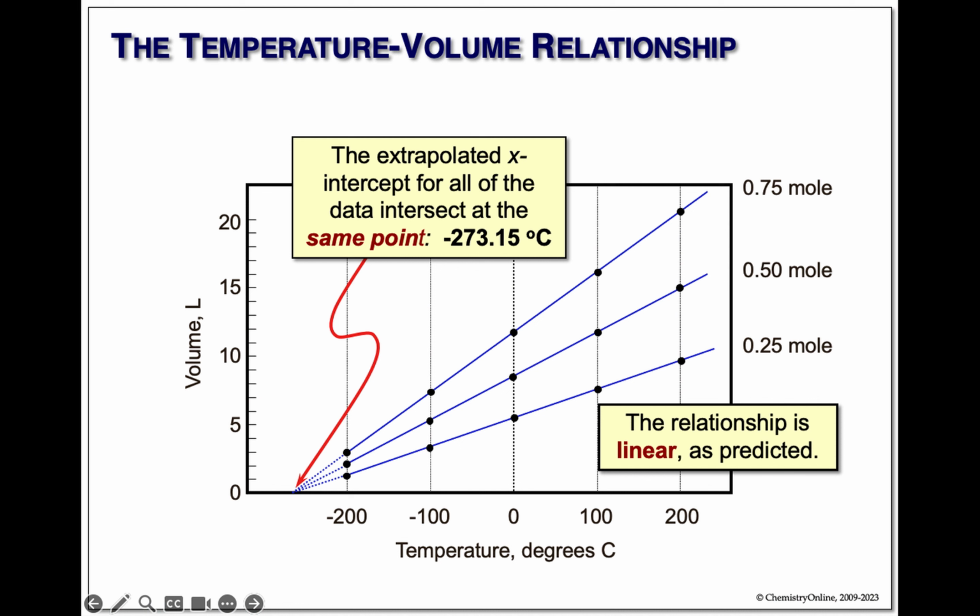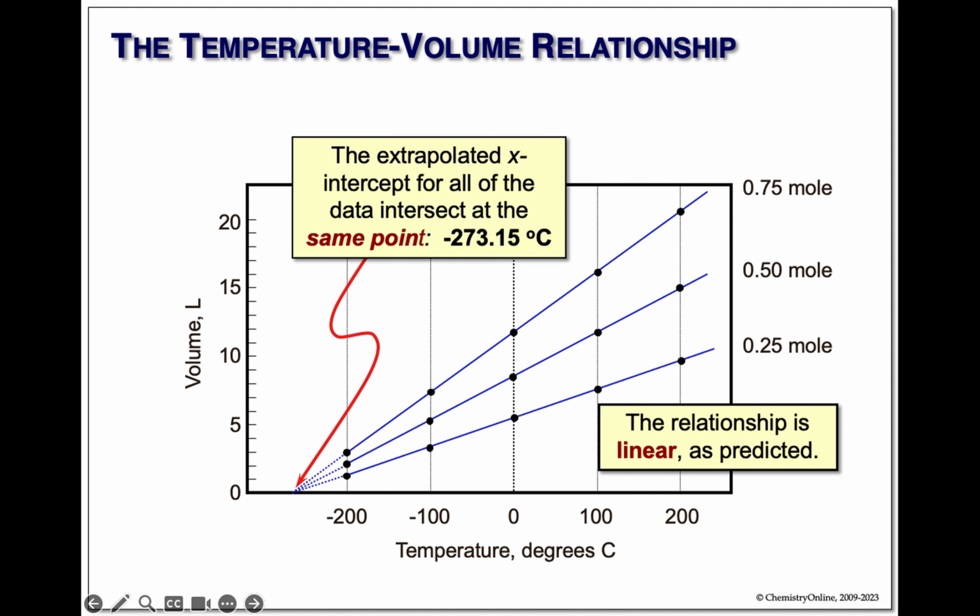Now, at this particular temperature, the prediction is the volume should be 0. And we know that can never happen. You can never get there because it's going to have some volume of its own. This intersection is minus 273 centigrade.